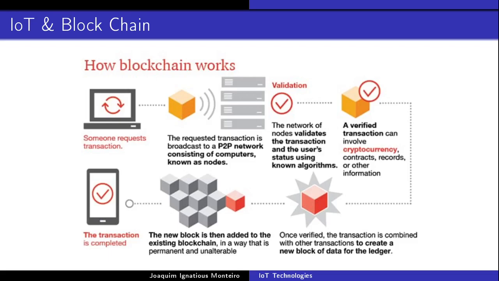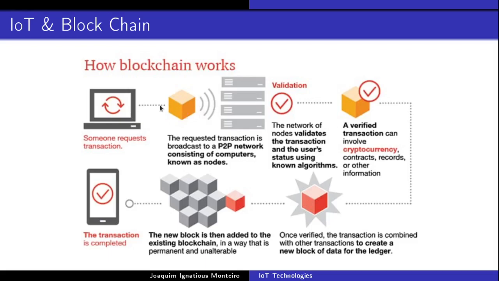Now another aspect which is going to drive IoT is blockchain technology, which is familiar to you. It could involve anything: data, cryptocurrency, bitcoins, records. You need to make sure it is authentic. For instance, someone is requesting a transaction, say a Google Pay transaction.